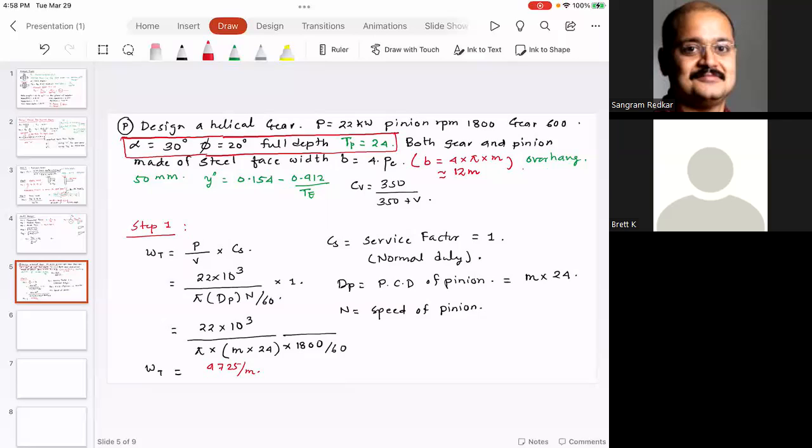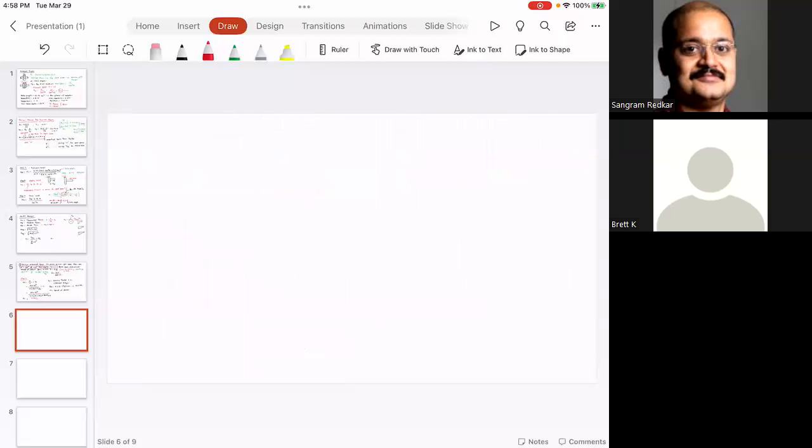So next step is we have to find out the value of y prime, which is the modified Lewis's form factor. And that is given as 0.154 minus 0.912 divided by TE.